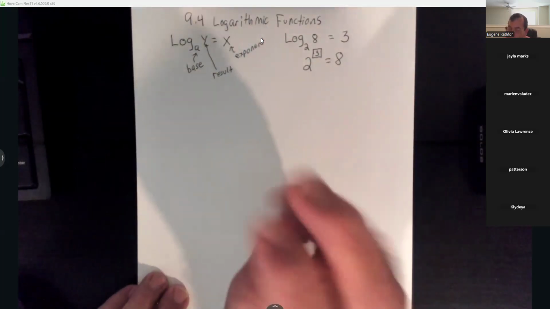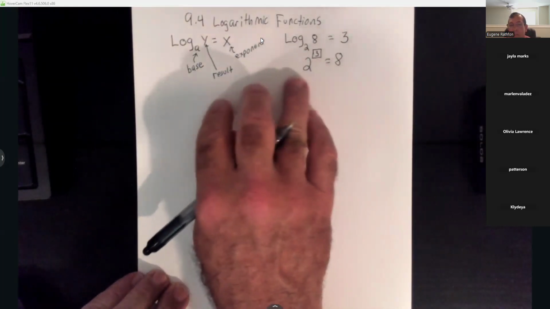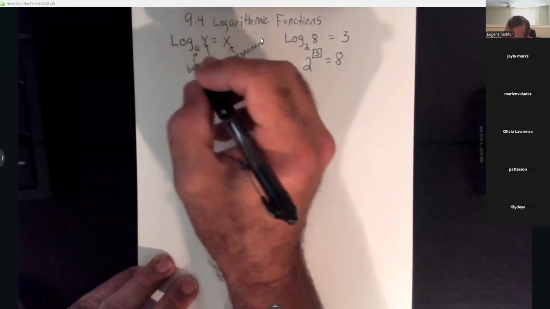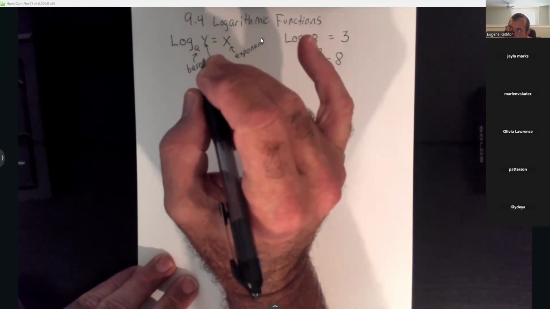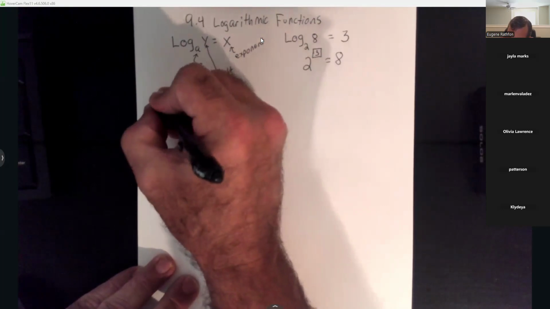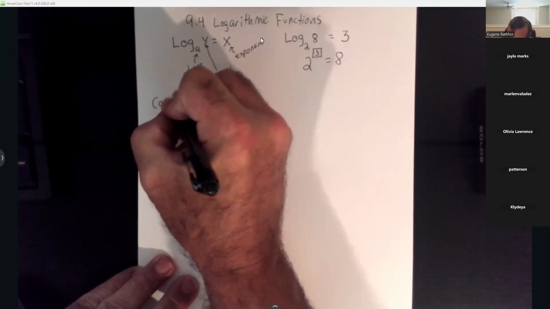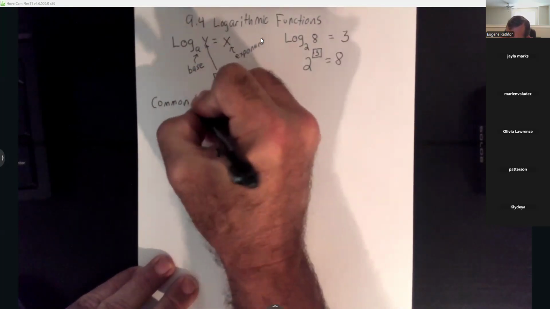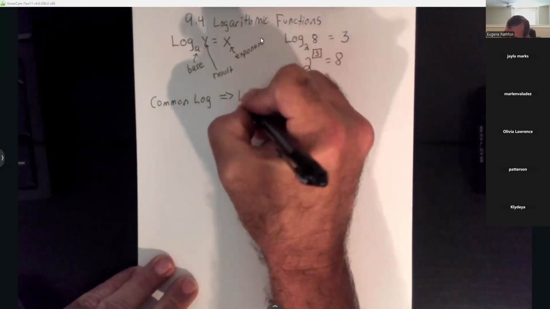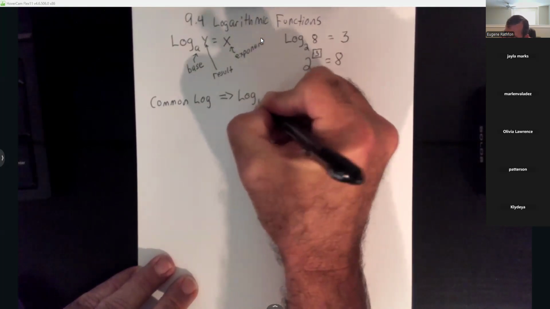Now, there's special logarithms that we have. So, the common log is a log base 10.